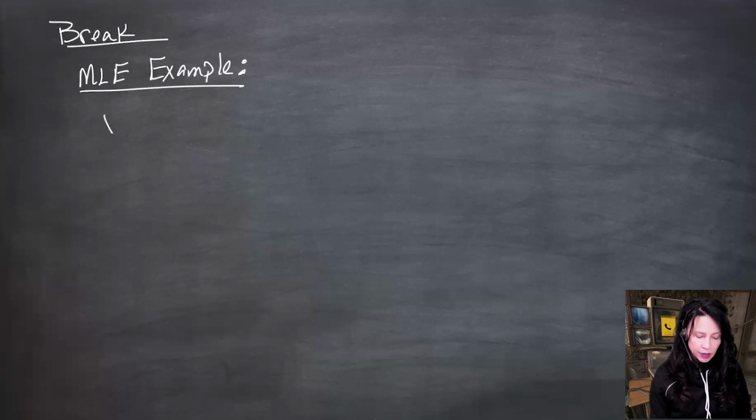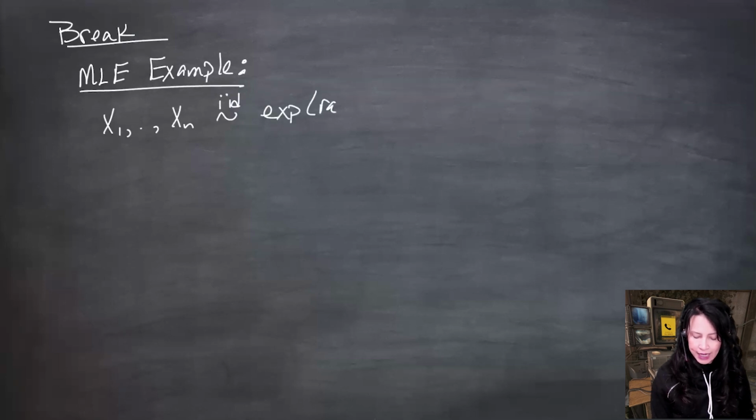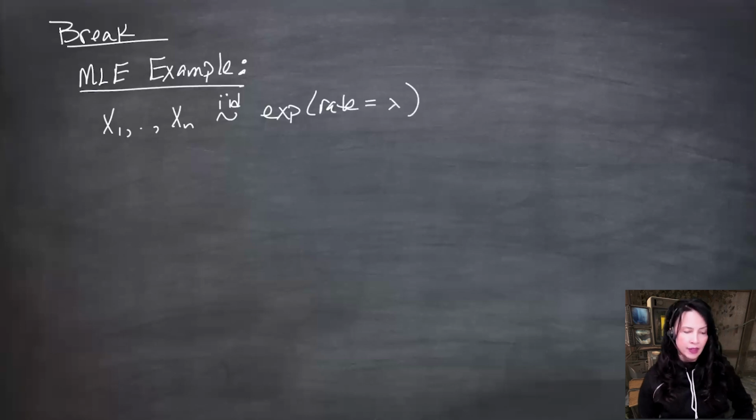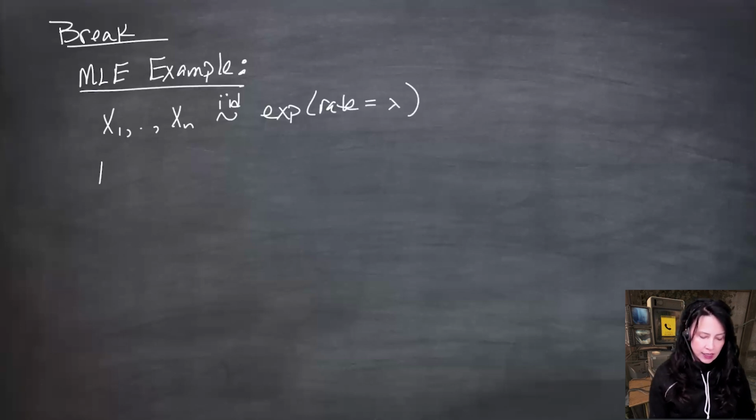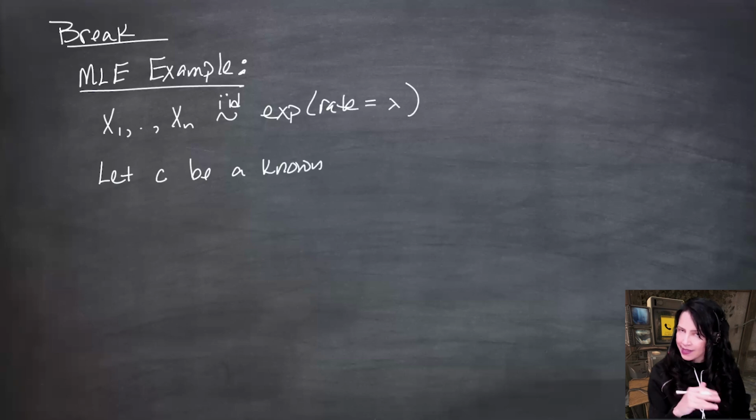Suppose we have a random sample x1 through xn from the exponential distribution with rate lambda. I'm going to let little c be a known constant. This has nothing to do with that c from the previous proof.